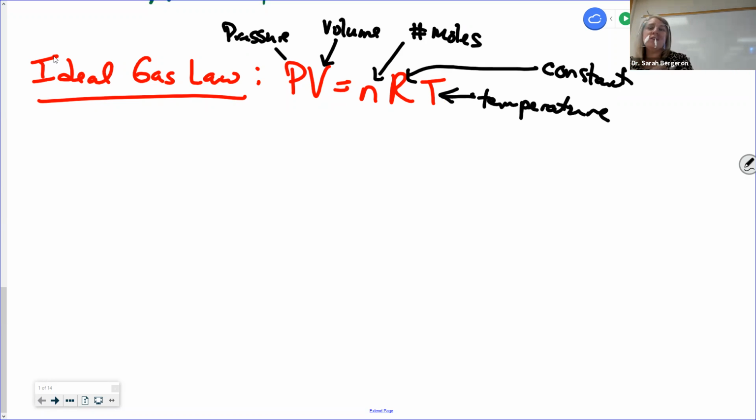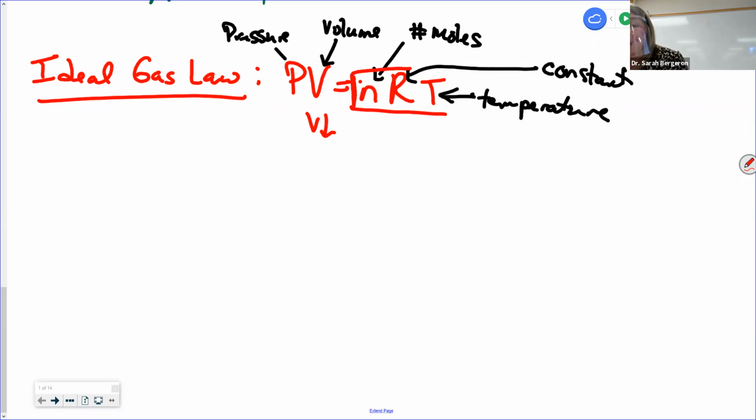Okay, so this is just algebra. If I have a container filled with a gas, and I make the volume go down, in order to make this equation work, what would have to happen if I told you you cannot change temperature, you cannot change number of moles?